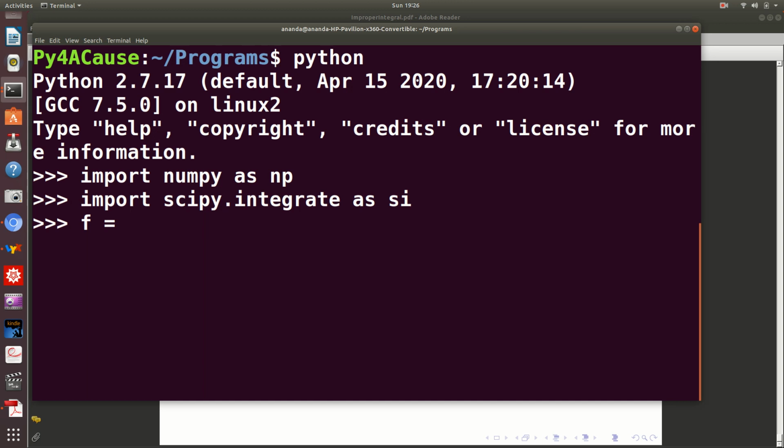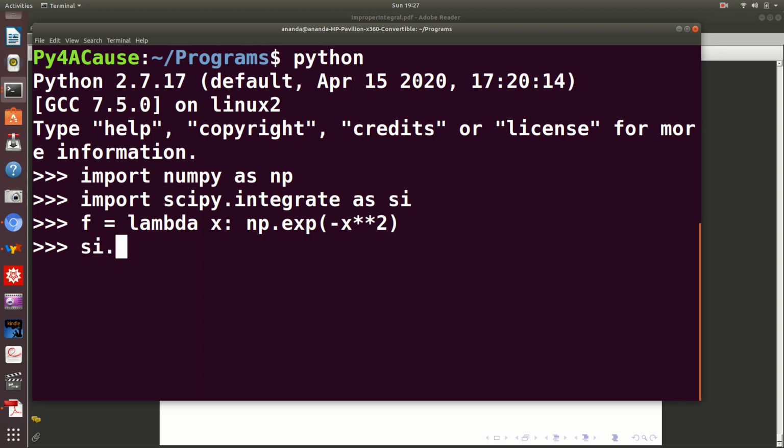First, let's define the function using the lambda keyword that we have learned. Now, to show you that you don't have to worry much about this if you are using scipy.integrate, the quad function can do this calculation pretty easily.